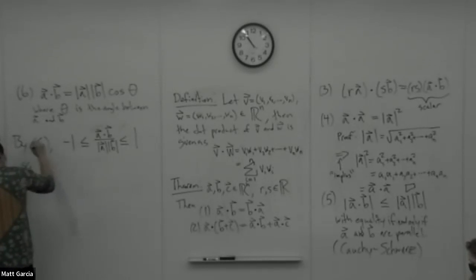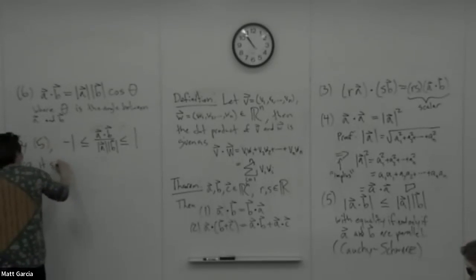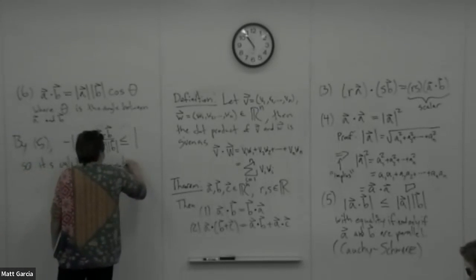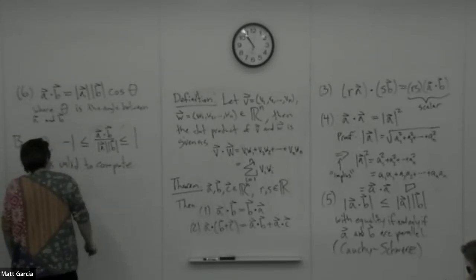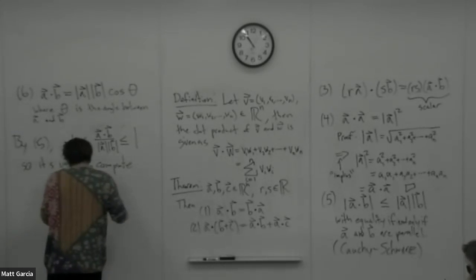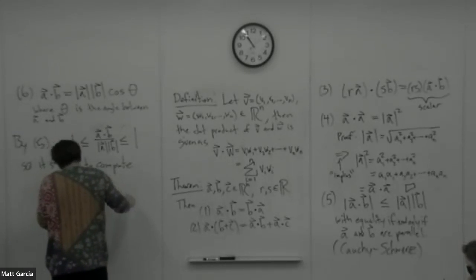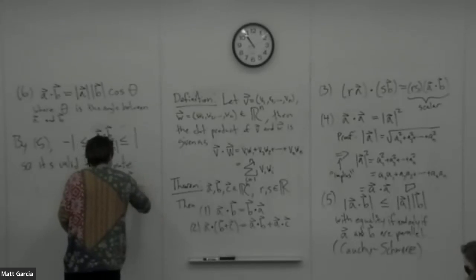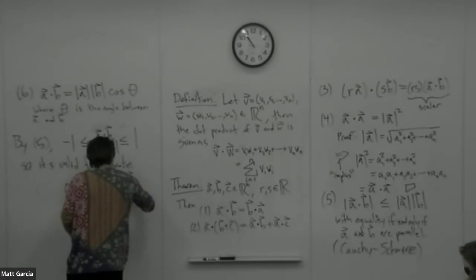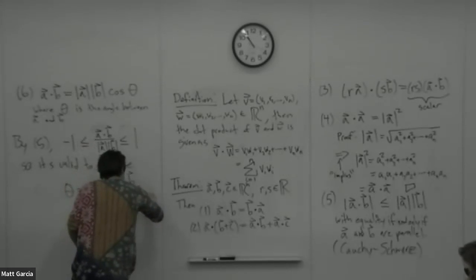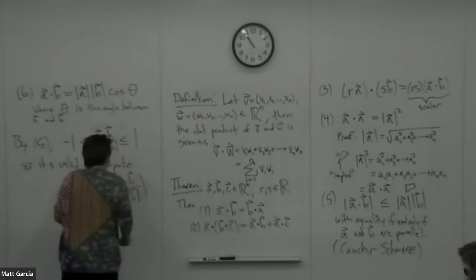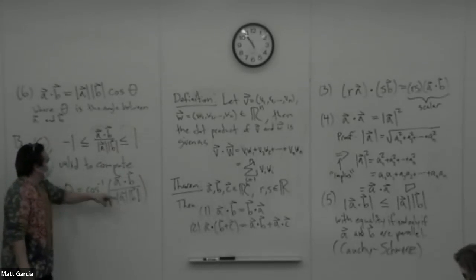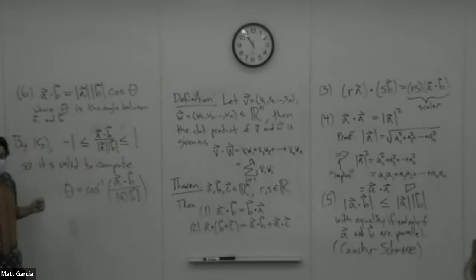So what this tells us is it's valid to compute theta as the inverse cosine of A dot B divided by the magnitude of A times the magnitude of B. That is to say, this quantity is always in the domain of inverse cosine.